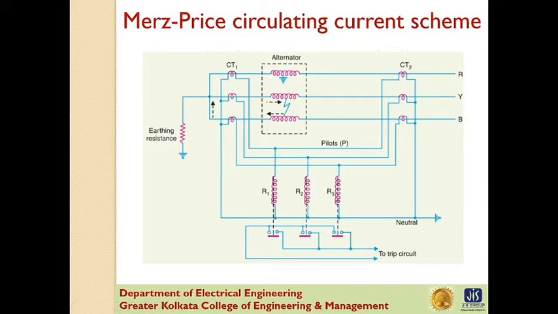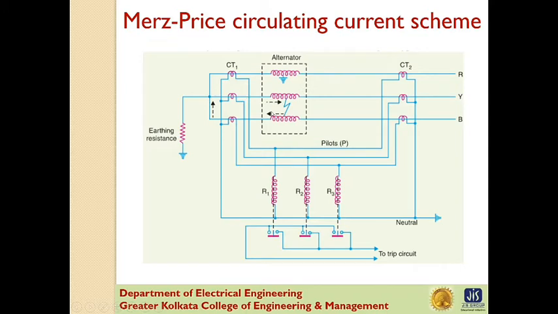Now imagine that a short circuit occurs between phase Y and phase B. The short circuit currents circulate via the neutral end connection through the two windings, and through the fault, as you can see in this picture by this dotted line. Current is flowing in this direction.